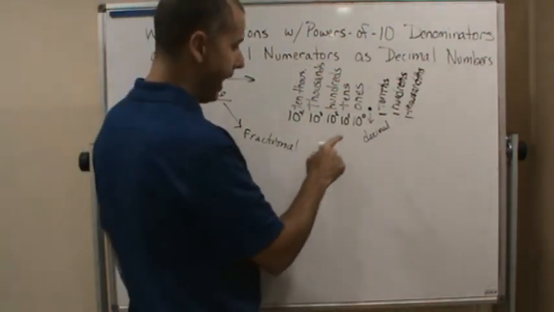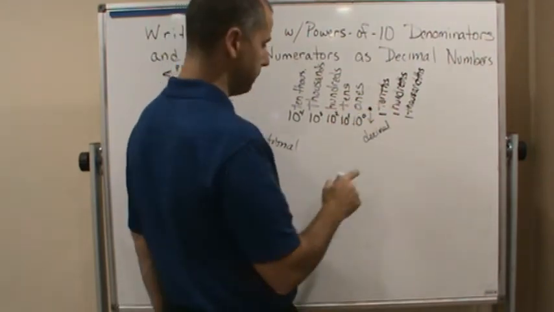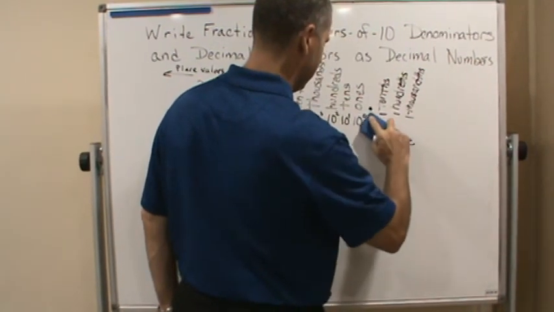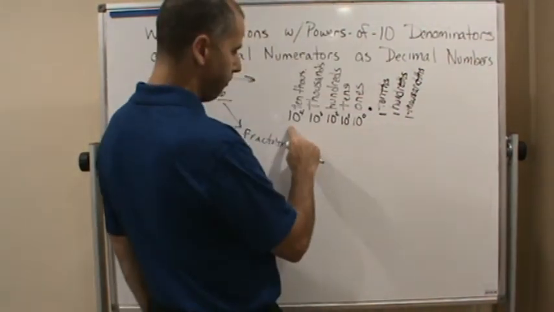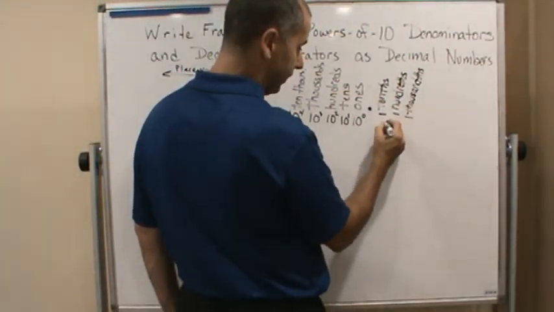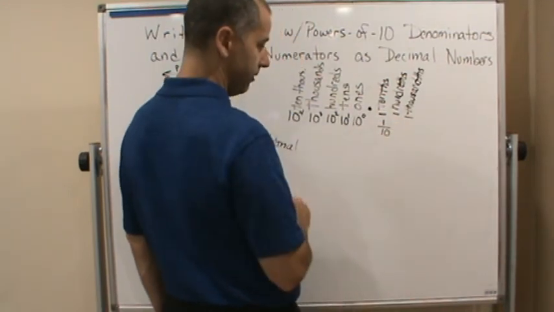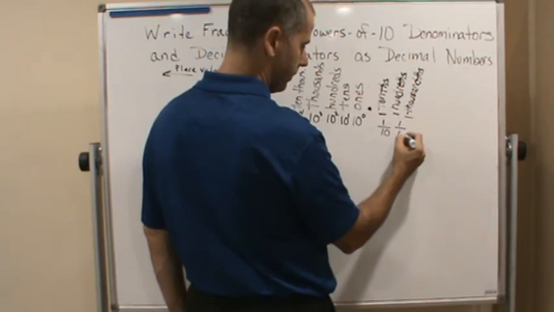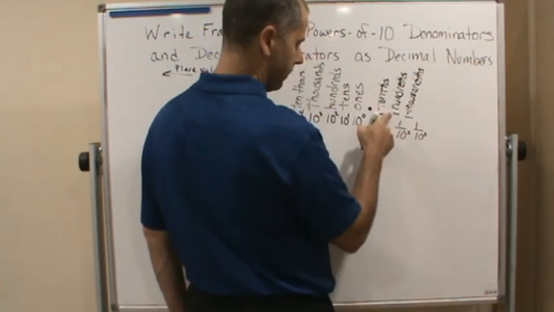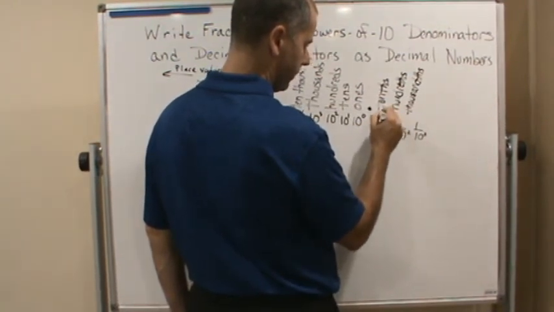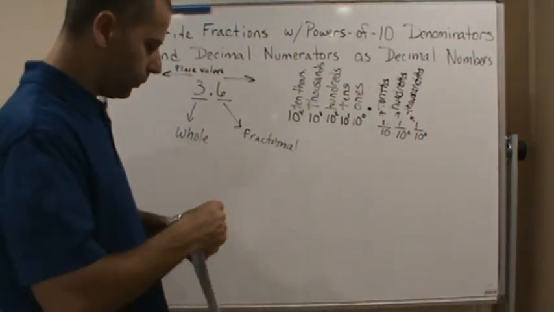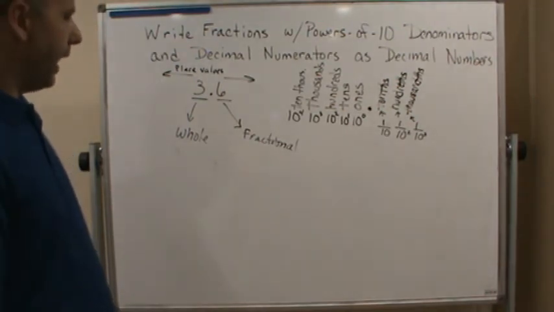Now what about the other side? On this side, we're going to go to negative exponents. Let me write it this way. Instead of multiplying by powers of 10, over here we are dividing by powers of 10. So now that's what's going on here.